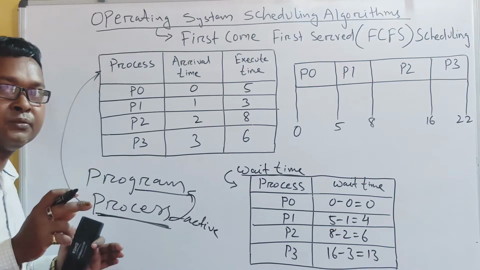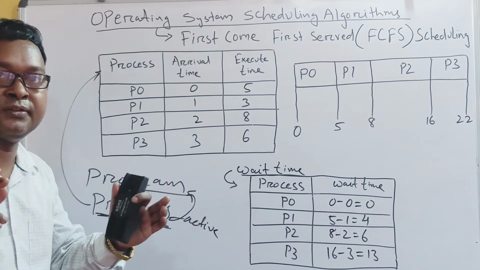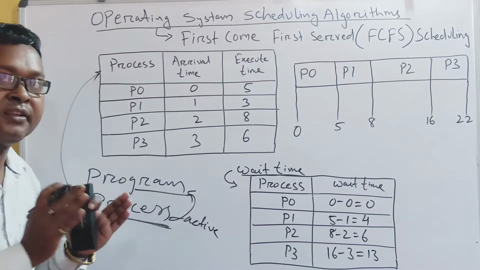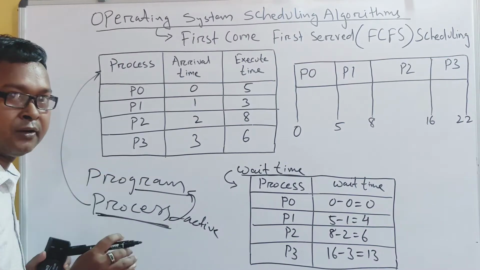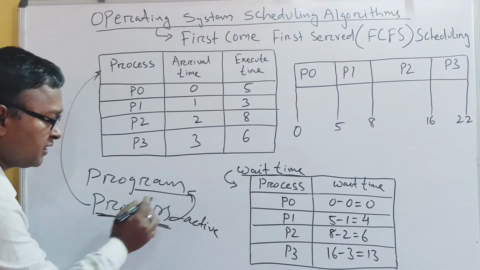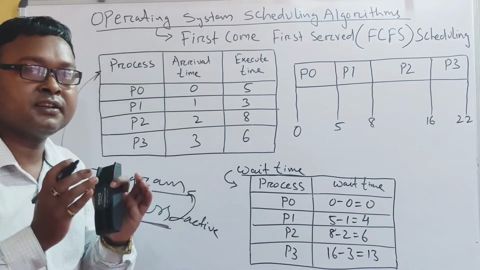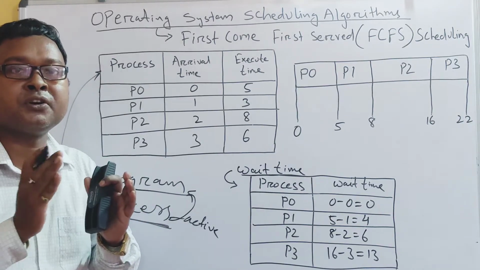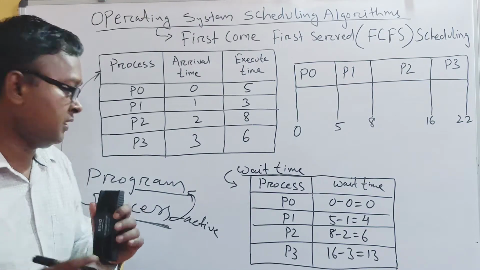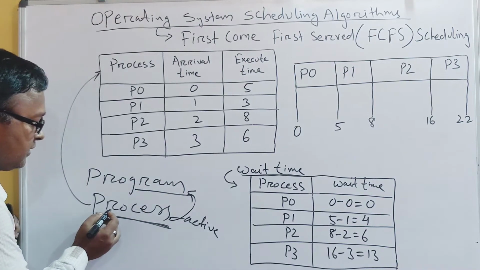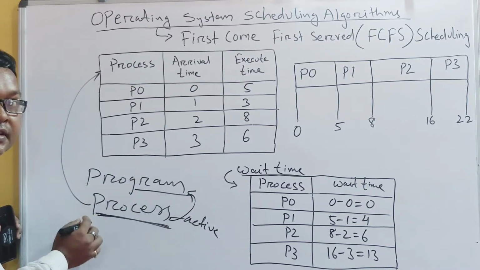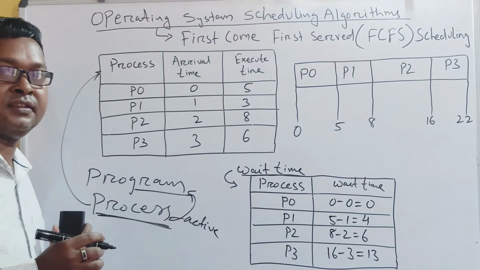That's why I said the process scheduler plays a very vital role. The process scheduler of the operating system divides the particular program into small parts, small chunks, and those small chunks of the program are called processes.